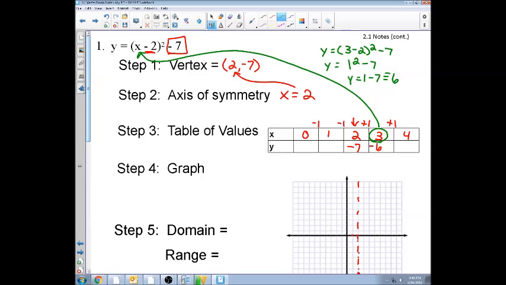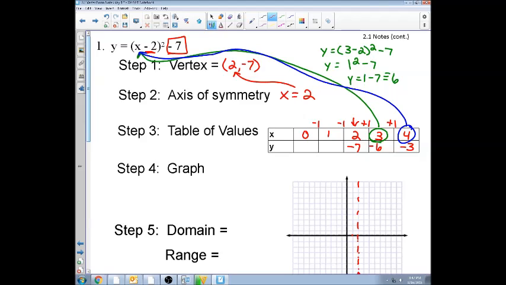Okay? And we want to do that for each one of our x values. So the next thing I would do is put 4 back in for my x value. Well, 4 minus 2 would be 2. 2 squared would be 4, and 4 minus 7 would be negative 3.